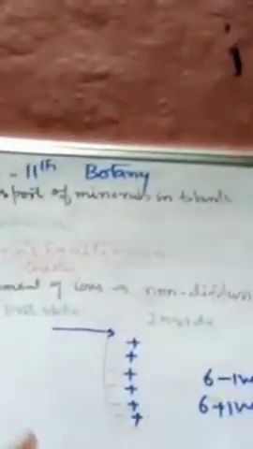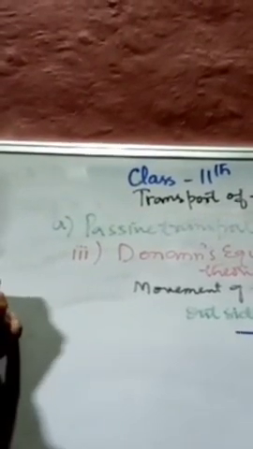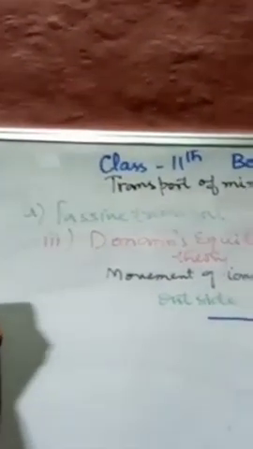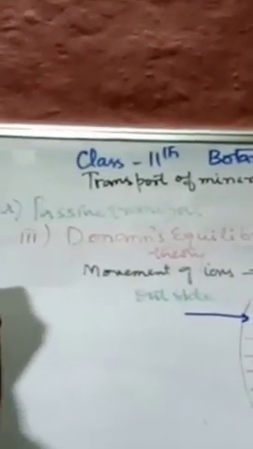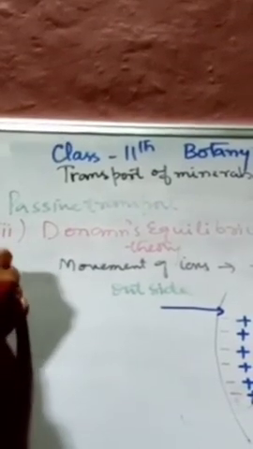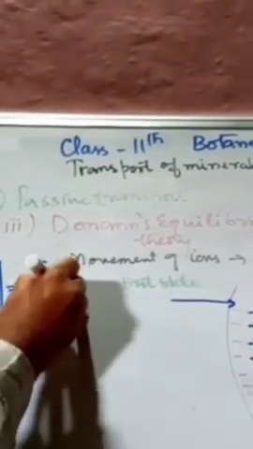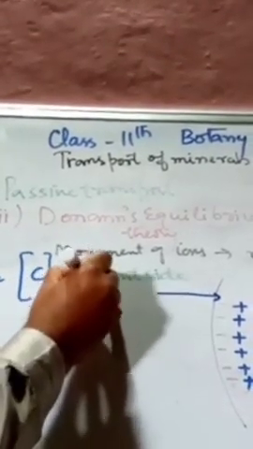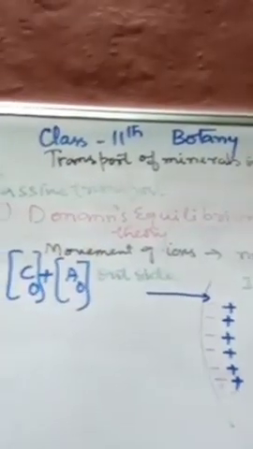So in this way, as many non-diffusible ions as there were inside, the same number of opposite ions went inside. And when this movement takes place, Donnan gave us the equation which is called Donnan's equilibrium, which states that the number of cations inside plus the number of anions inside is equal to the number of cations outside plus the number of anions outside.